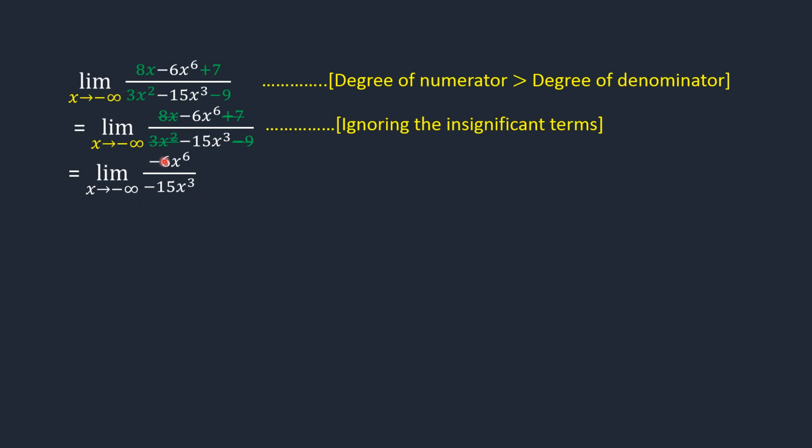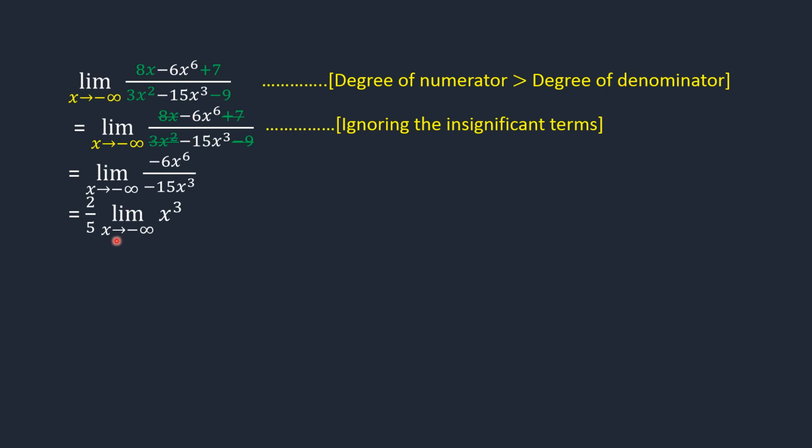Now, minus 6 divided by minus 15 will be 2 by 5, and x to the power 6 divided by x cubed will be x to the power 6 minus 3, that will be x cubed. So let us write 2 over 5 times the limit of x cubed as x approaches minus infinity.